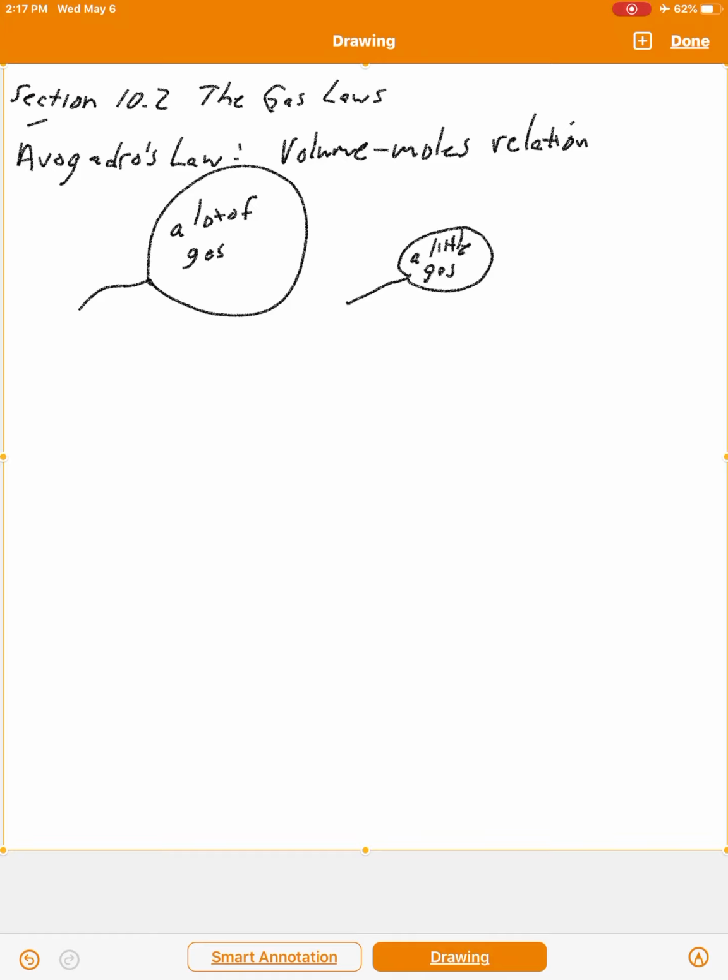Okay, so one way of writing this mathematically is that volume is proportional to moles of the gas. Now, it would also be proportional to the mass, but for various reasons, it's more convenient for us to use moles as the unit. And so I'm going to use the symbol N for moles.